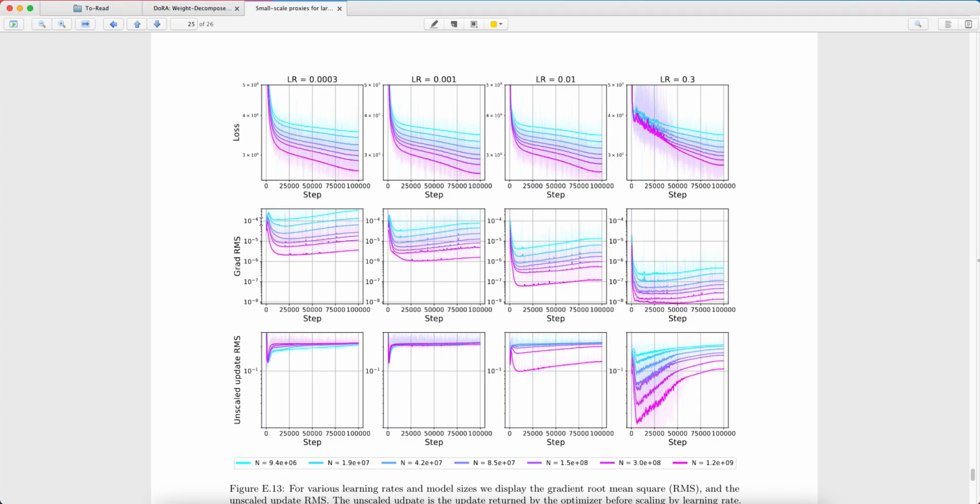So if we look at a large model, this one, gradient is at 1e-5. It drops to 1e-6. If we go down here, yeah, I don't know. I'm not super clear on this relationship, to be honest.